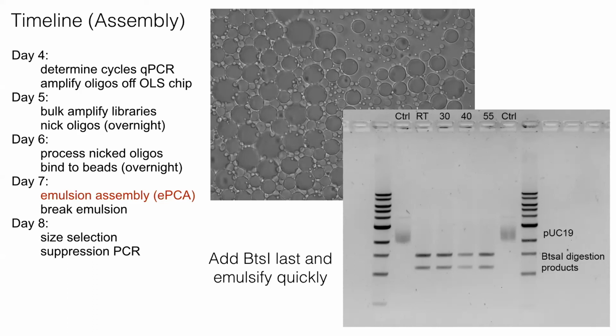Unless you have a microfluidic chip that's able to flow a lot of volume very quickly, if you have your reaction with the restriction enzyme sitting for a while, even on ice within your syringe or whatever you're using, that could lead to premature cleavage of the payload sequence from the surface of the bead before it's in a droplet, which could lead to all sorts of cross-contamination and chimeric products and essentially failure. But the vortex method works really well, and it's extremely simple and doesn't require any kind of specialized equipment.